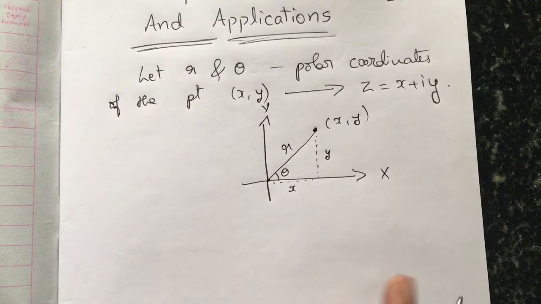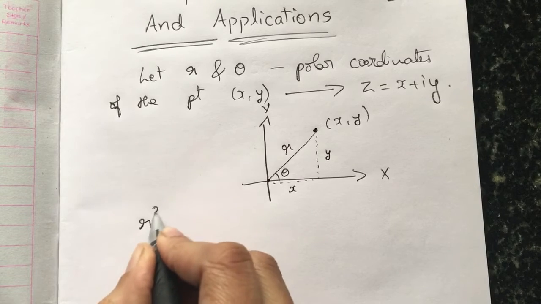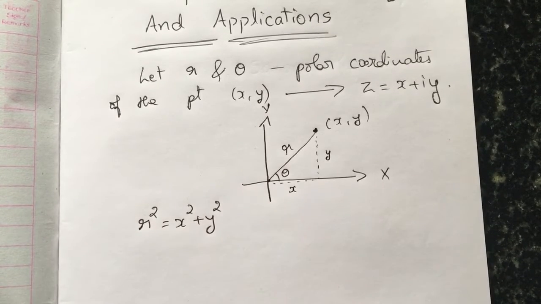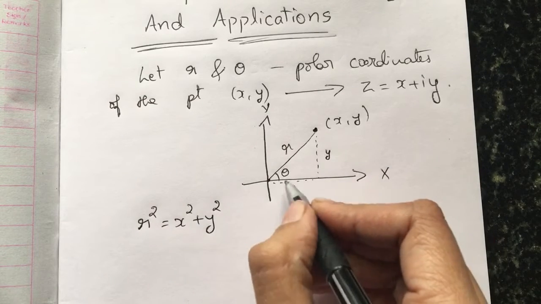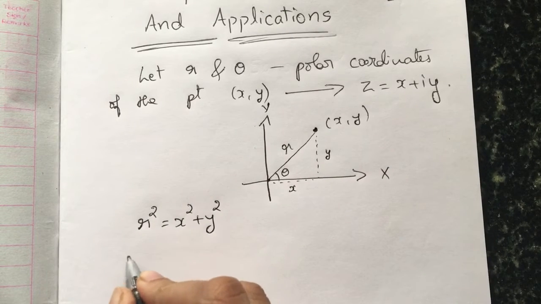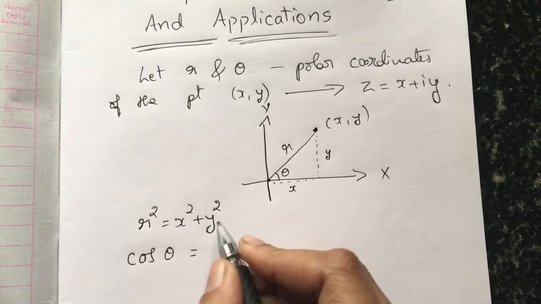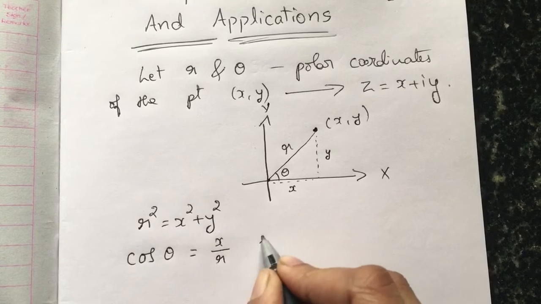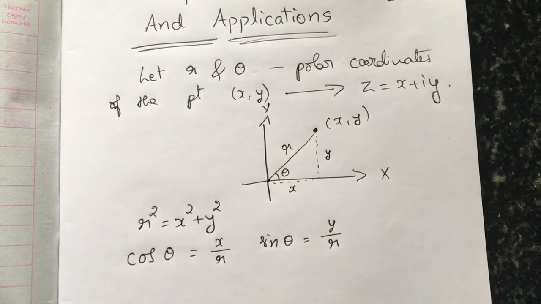From Pythagoras theorem, r square equals x square plus y square, right? And we can even use trigonometric ratios. So cos theta is x by r, and sin theta is y by r.